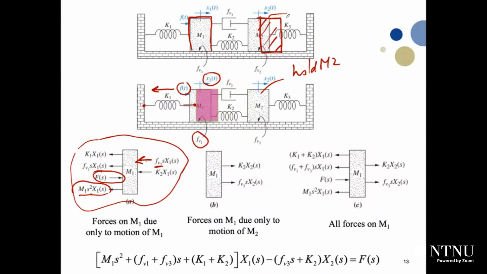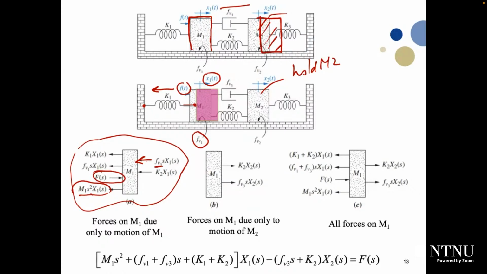If you try to drag M2 to the right-hand side, FV3 will generate a force. When you try to drag this one to the right, this one also will be dragged to the right. It will generate a force to act on M2, but this is not our problem now. We try to find forces which will act on M1.